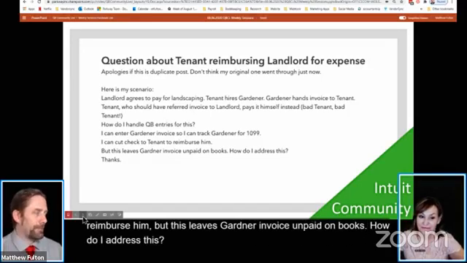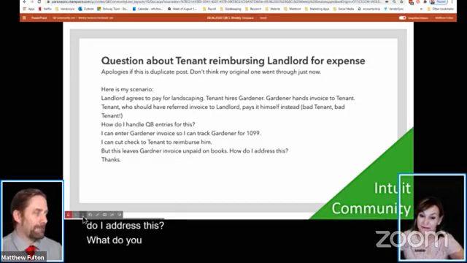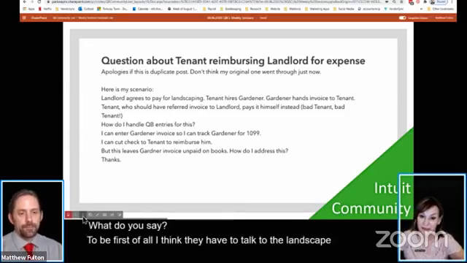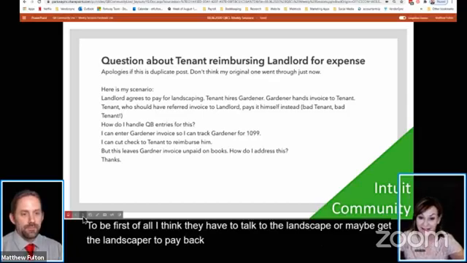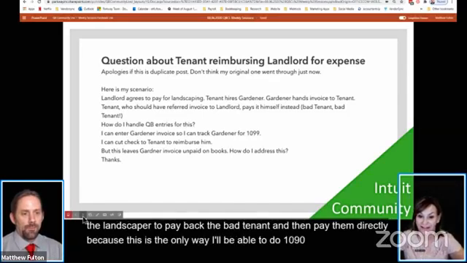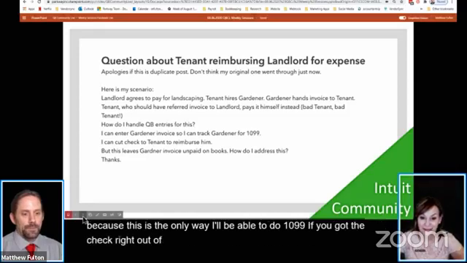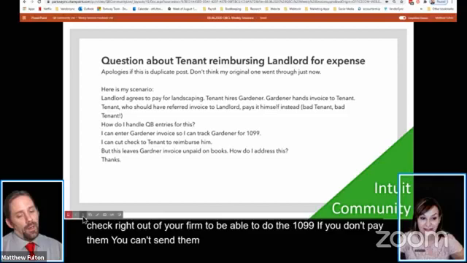What do you say? First of all, I think they have to talk to the landscaper, maybe get the landscaper to pay back the bad tenant and then pay them directly, because the only way you're going to be able to do a 1099 is if you cut the check right out of your firm. If you don't pay them, you can't send them a 1099. So that's the first thing.